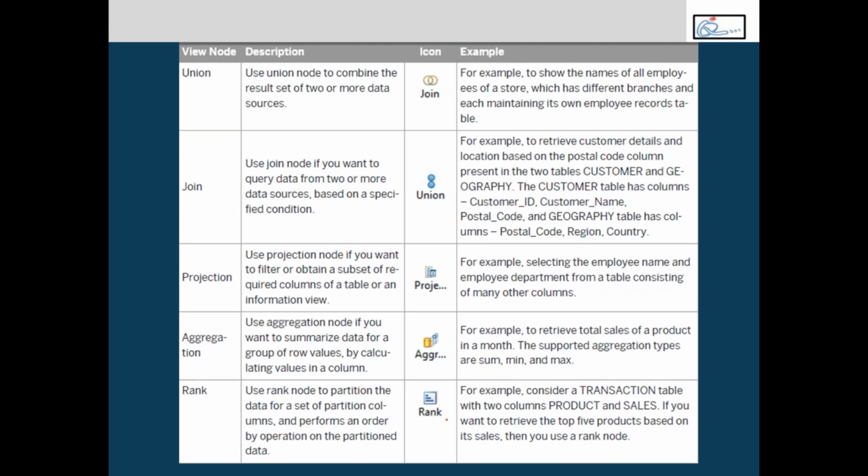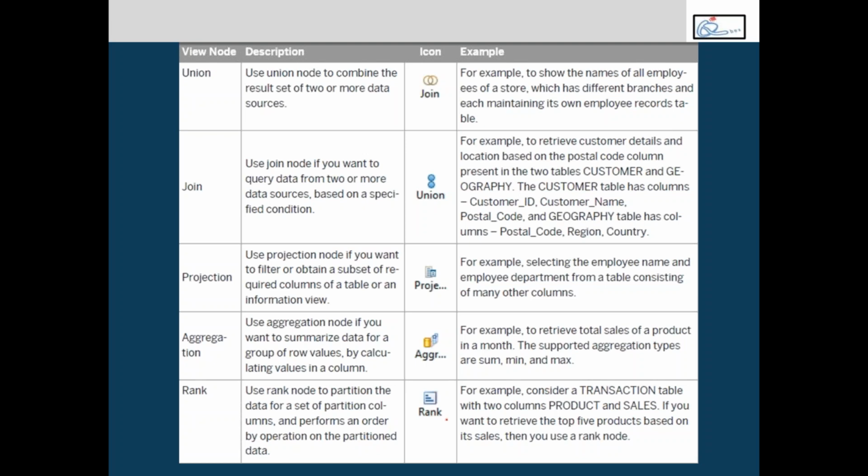And one more requirement is, let's say I have a table with 500 columns, but my view was intended to access only 10 columns from there. Then I can use projection. I'll connect this table to the projection node, and using projection, I'll project only the 10 columns as an output, and the next level operation can only consume those 10 columns.